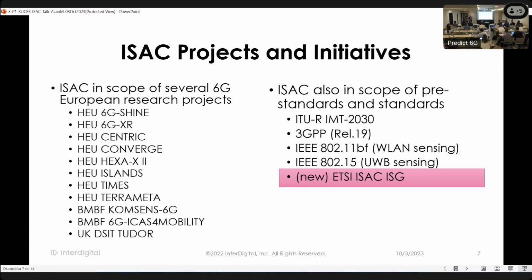And the idea of this ISG is really to bridge all this fantastic research that's happening in Europe with European Union funds and the national funds of the countries in Europe, to high entry barrier standard bodies like 3GPP through ETSI. So all this research that's happening, we try to channel it in a proper framework of standardization at ETSI and prepare it to go into 3GPP to make the most impact possible out of this research. So this is really the idea of this ISG.